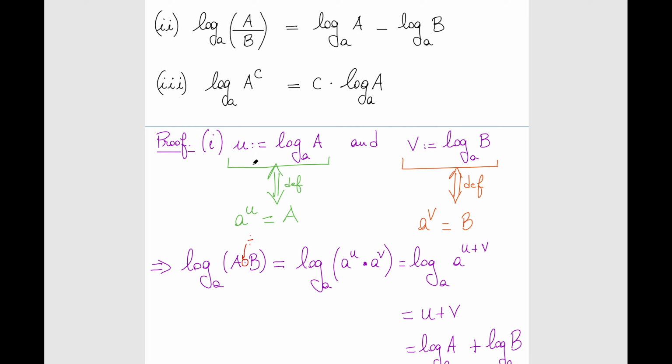Since I have a blueprint now, I'm trying to actually use that to derive property 2. If you change this guy to division with the same setting, then this is going to be division, right? And what's A^U divided by A^V?